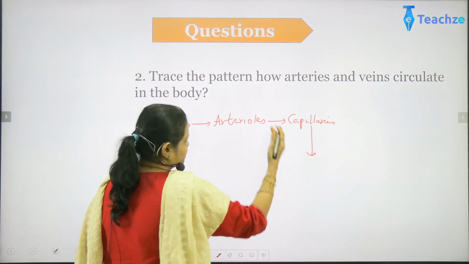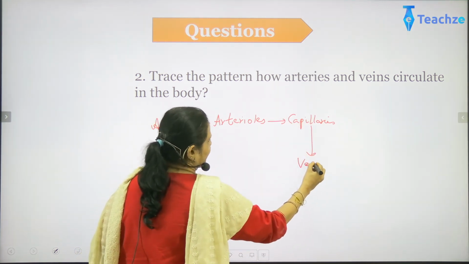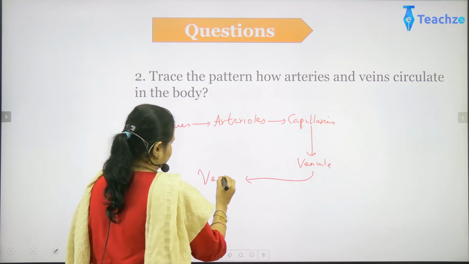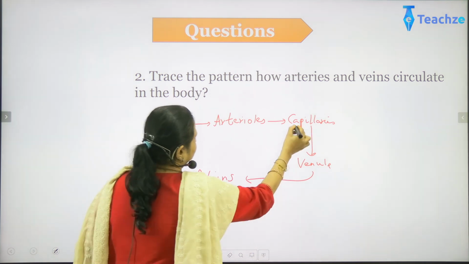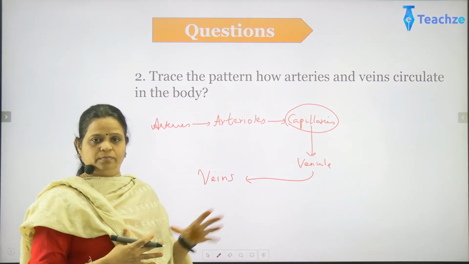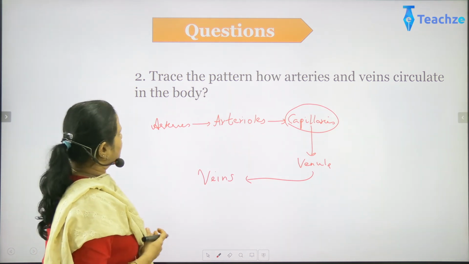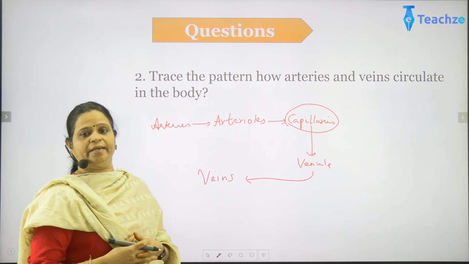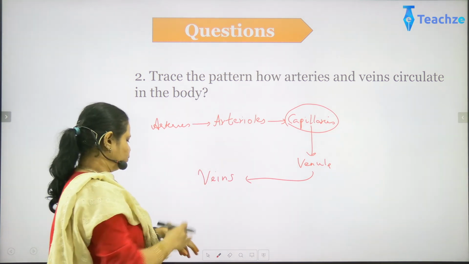Now these capillaries join together to form the venules, and all the venules join together to form the veins. Now this will be the circle, and capillaries will be in between this kind of junction. Okay. Now this is all about tracing the arteries. You can draw it, or you can give the flowchart diagram and explain how they break down.